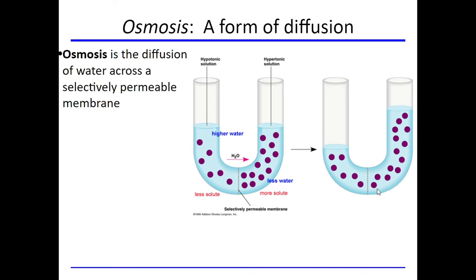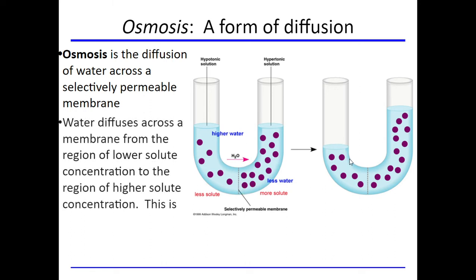You see how the density of our particles here is not very dense, and it's much more dense here on the right side. But then if we look at the right U pipe, the density looks pretty even, because that's the water diffusing. This is osmosis occurring. It's water diffusing across this membrane to even out the concentrations.